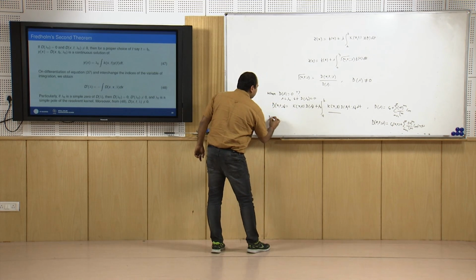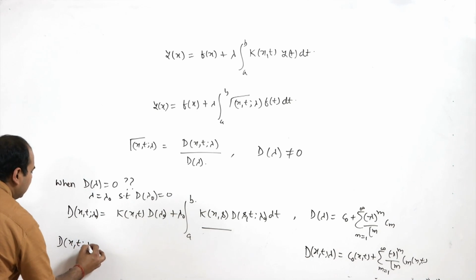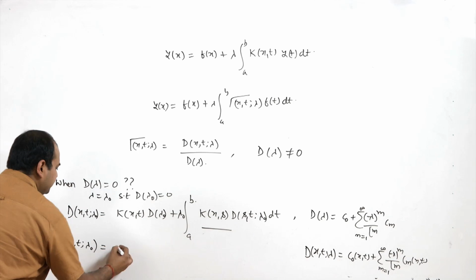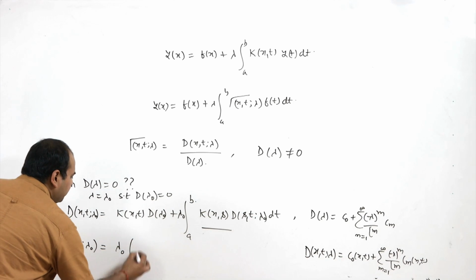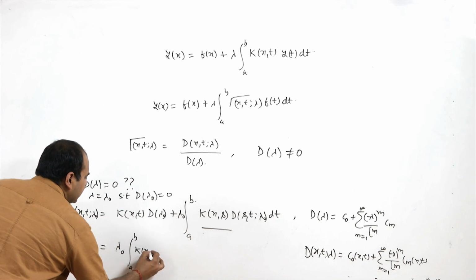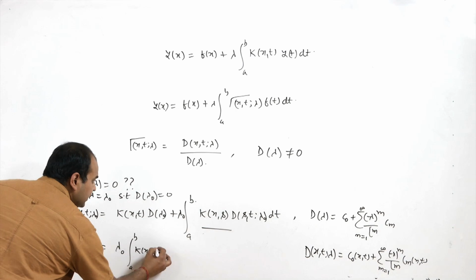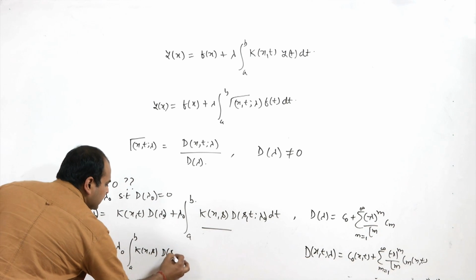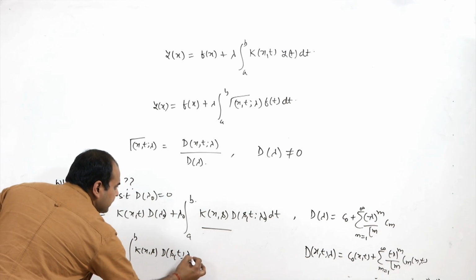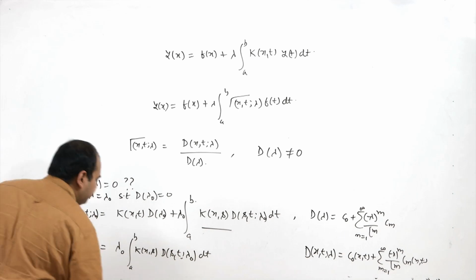So you can write D of x, t, lambda naught is equal to lambda naught times the integral from a to b of k of x, s, D of s, t, lambda naught ds.